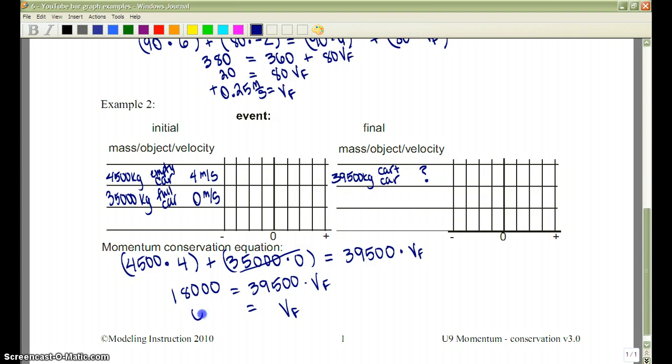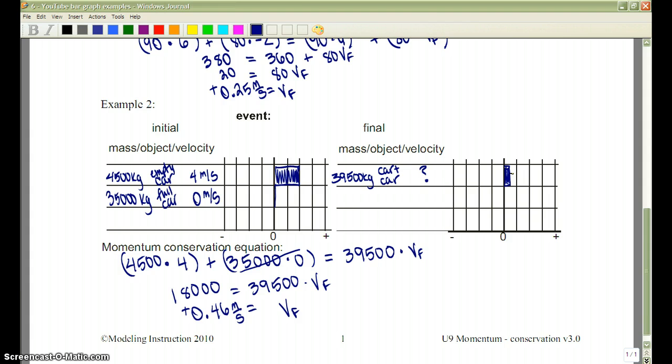So the final velocity, once those cars hit together, 0.46 meters per second. So if I go back up, oops, I forgot to draw the pictures up here. So I'm going to just draw the sort of 0 at the darker line. I'll make my 4 go out 2 boxes here, shade it in. And so then my final velocity is still in the positive direction. Notice this came out to be a positive number. Much smaller though, so I'll make those two combined cars, their bar, a whole lot smaller.